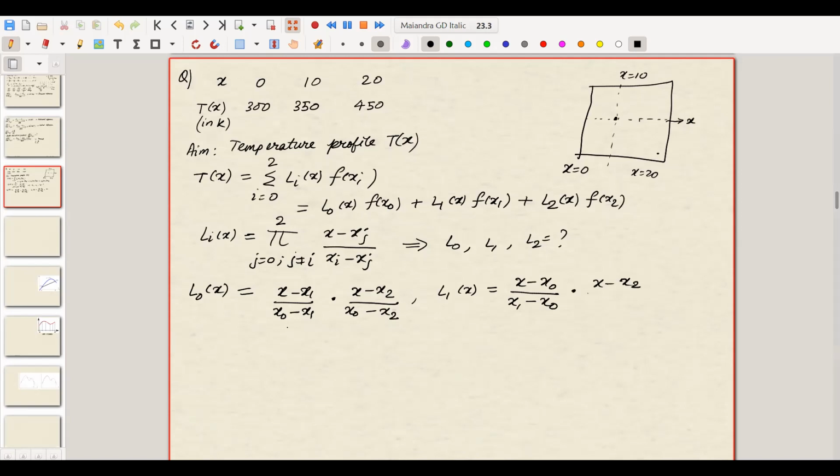No. So it will be (x minus x2) divided by (x1 minus x2).